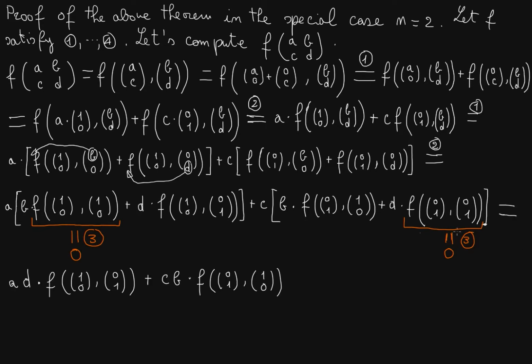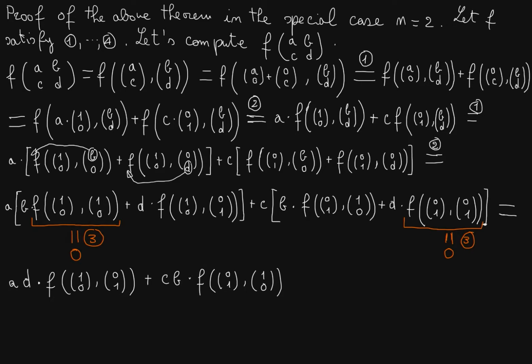Now next step, we rewrite the two summands which remain out of all this expression. So we have A times D times f of (1, 0), (0, 1) plus C times B times f of (0, 1) and (1, 0). Now these two real numbers, f of (1, 0), (0, 1) and f of (0, 1), (1, 0), are actually related one to the other. Why?